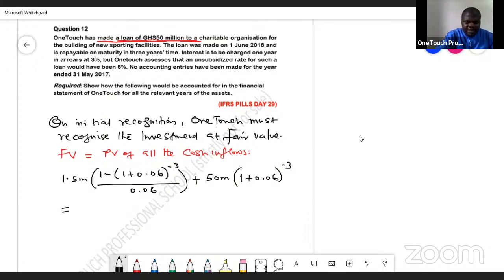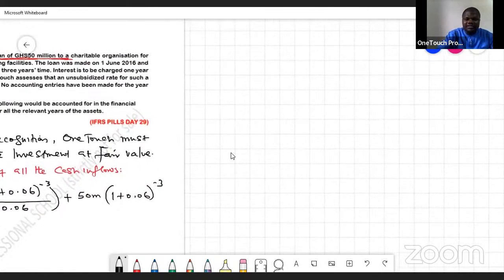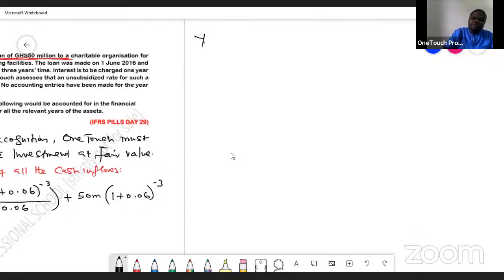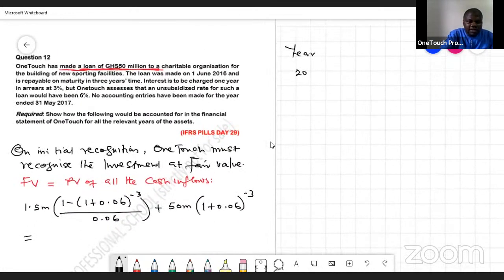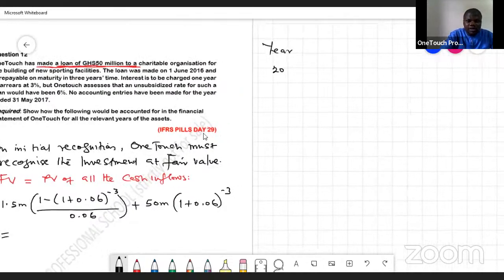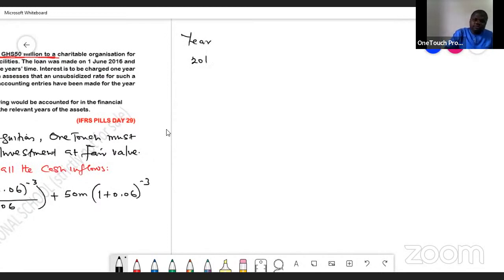So this can be calculated the way we have been calculating. We have the year. The loan was made on 1 June 2016, so we are looking at 2017, 2018, and then 2019. So let's look at the cash flow.